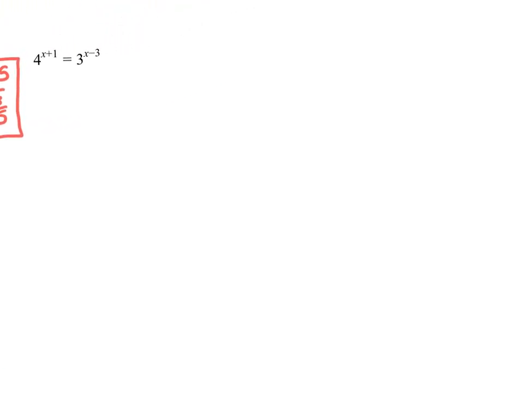So here we have 4 to the x plus 1 equals 3 to the x minus 3. I can't get the bases to match because I have 4 and 3, so I'll go ahead and take the log of both sides. Again, any log is fine. I'll just do common log.